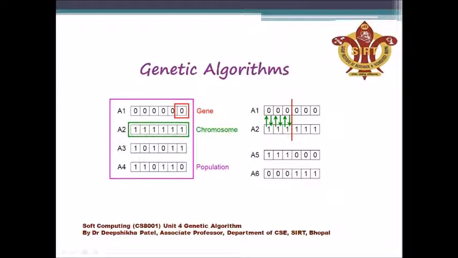An individual is a set of genes. Every individual has its own characteristics that are represented by genes. So this is the individual array, where each bit represents a gene.